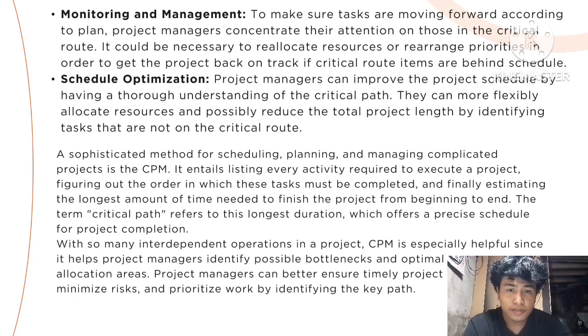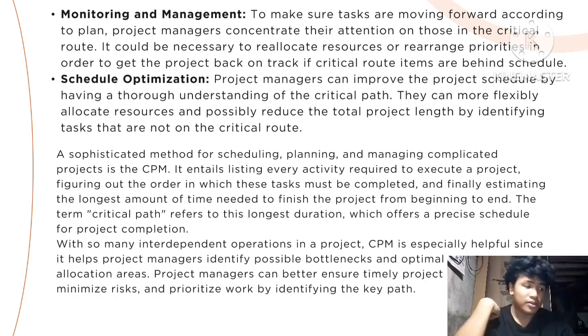Monitoring and management. To make sure tasks are moving forward according to plan, project managers concentrate their attention on those in the critical path. It may be necessary to reallocate resources or rearrange the order to get the project back on track if the critical route items are behind schedule.